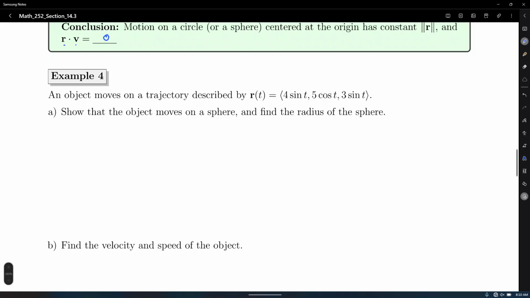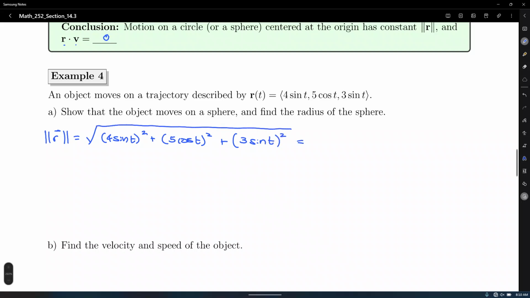Okay, so let's take the magnitude. You might ask yourselves, why are we going to take the magnitude? Well, you'll see. So let's take the magnitude of r. That equals the square root of the components (4 sine t) squared plus (5 cosine t) squared plus (3 sine t) squared.